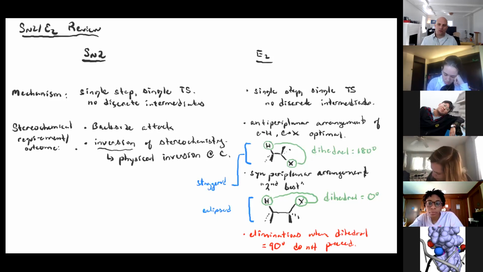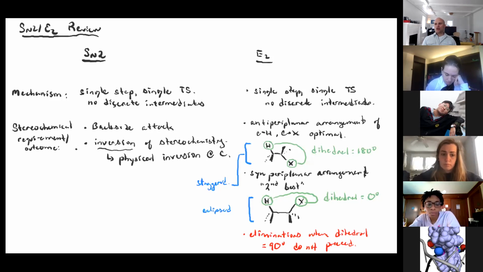If we forget about the elimination pathway for a second and reflect on the favored conformation of the molecule, we know that staggered is always better than eclipsed. And so to get to the syn periplanar arrangement, you have to access a higher energy conformer. Not impossible, but it comes with a penalty associated with it.